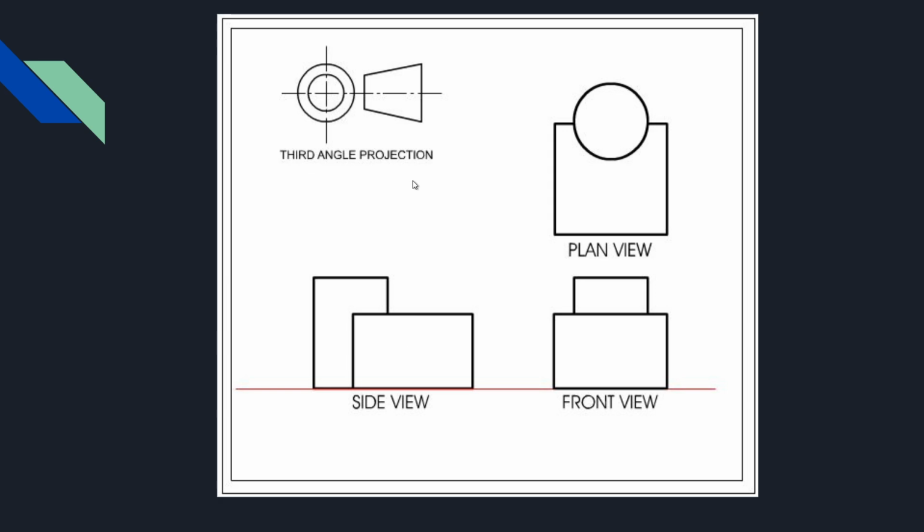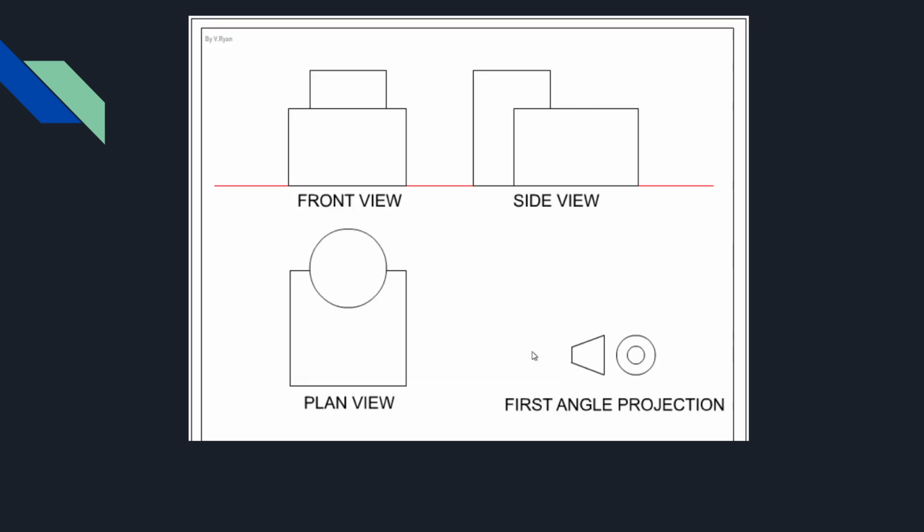And then for third angle, you can see that it's basically switched. The only difference is that on the bottom right you have the front view, above the front view you have the plan view, and towards the left here you can see that you have the end view, right? So the difference between them is basically just the positioning of the views, right? Front view, end view, plan view.